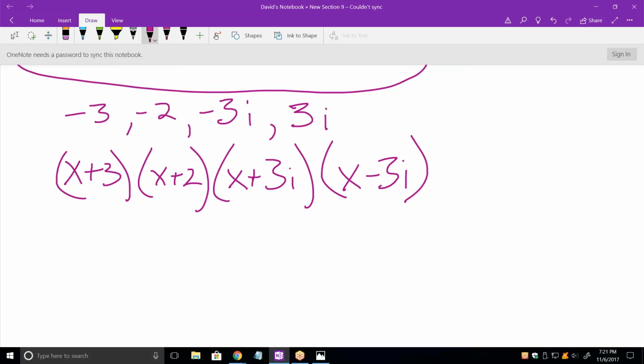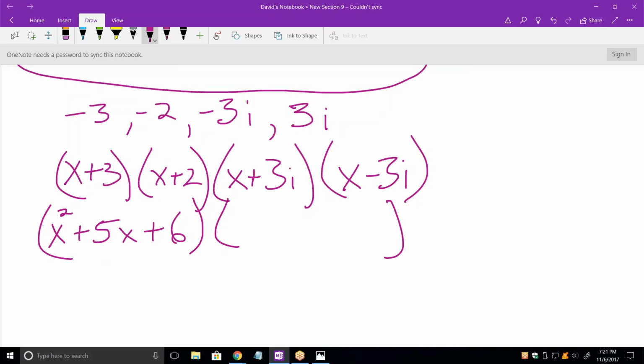Nonetheless, we're still going to need to multiply these first two together. In other words, we're going to do it the same way we did the last one. So this first term, x squared plus 5x plus 6. Okay, good.